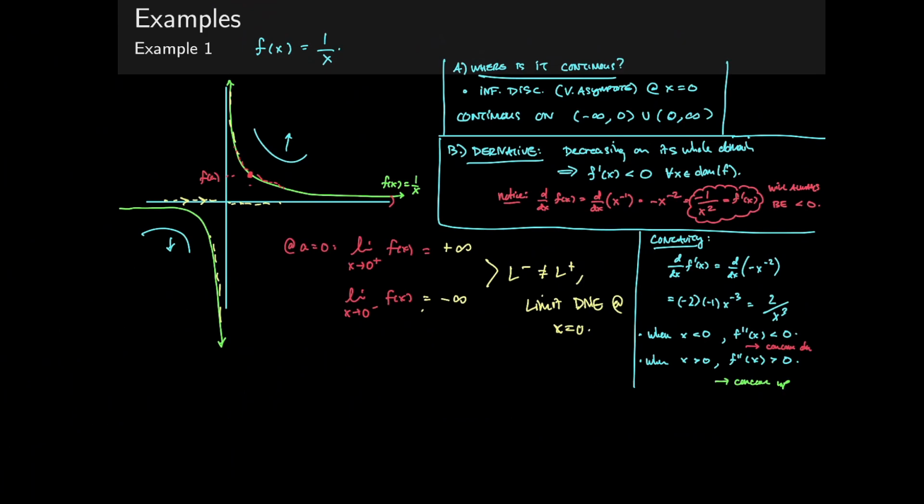This is the domain of f. It's where it's defined. And so if we had a critical point, it would have to be in the domain of f, and that is not the case here. That x equals 0 isn't in the domain, so we can't call it a critical point. We can't call it an inflection point, even though it is where it blows up. It is where it changes concavity. That technically doesn't fit the description.